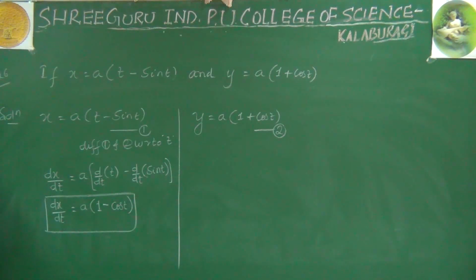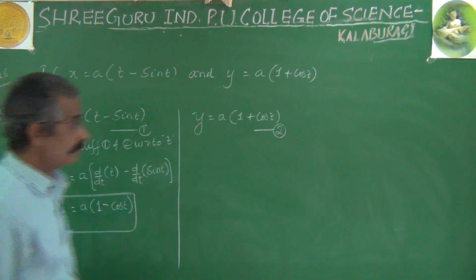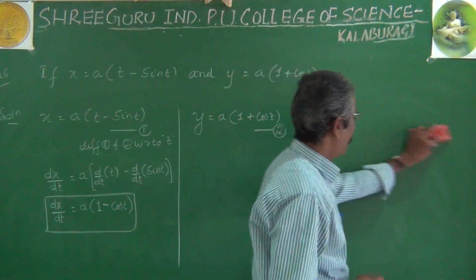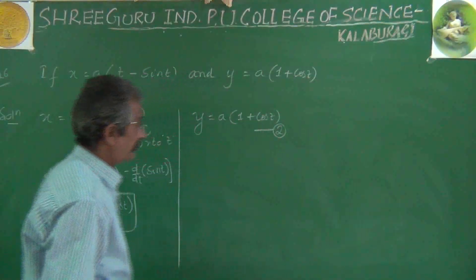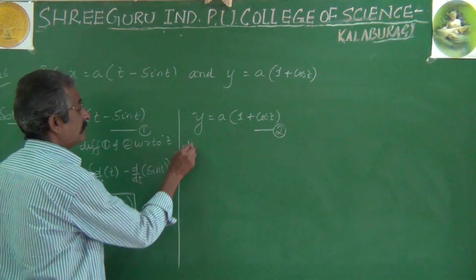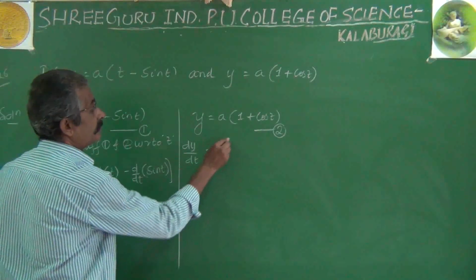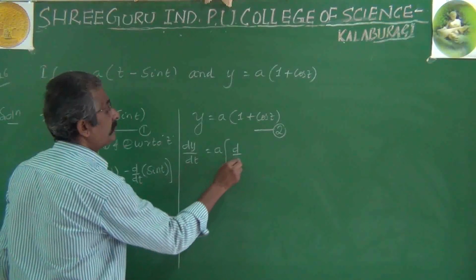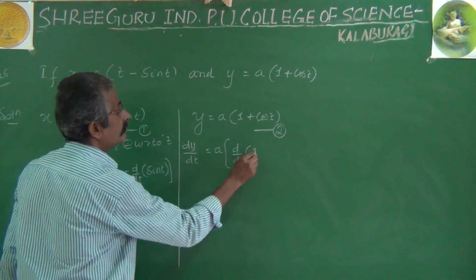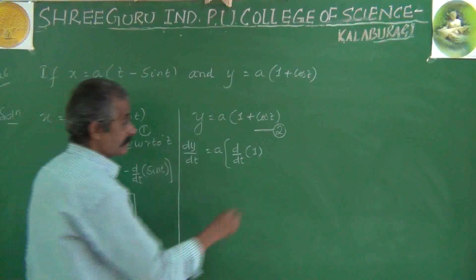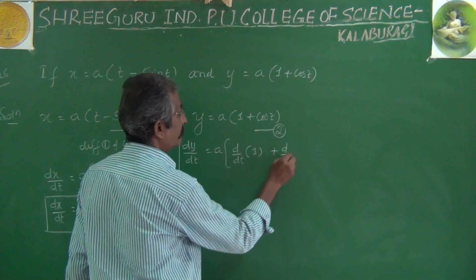In the same fashion, we shall differentiate equation 2 also with respect to t. Similarly, dy by dt will be given by a outside into d by dt of 1 plus d by dt of cos t.